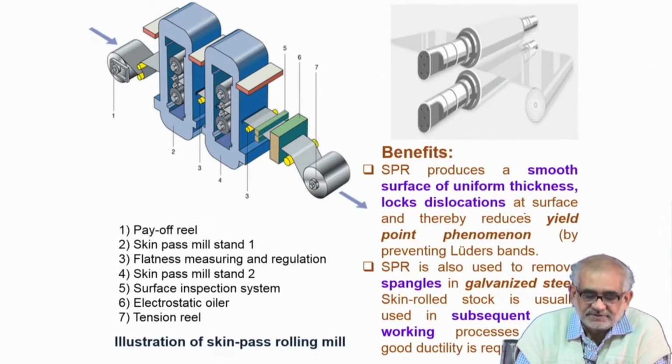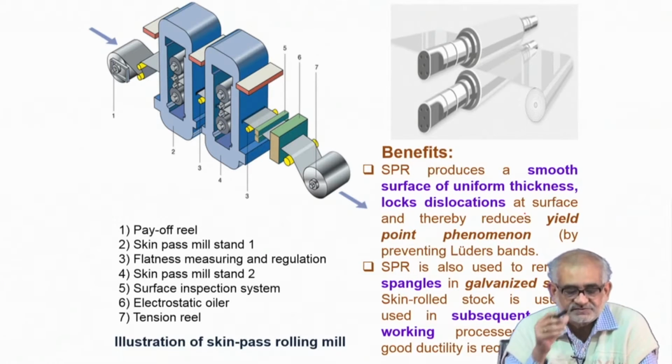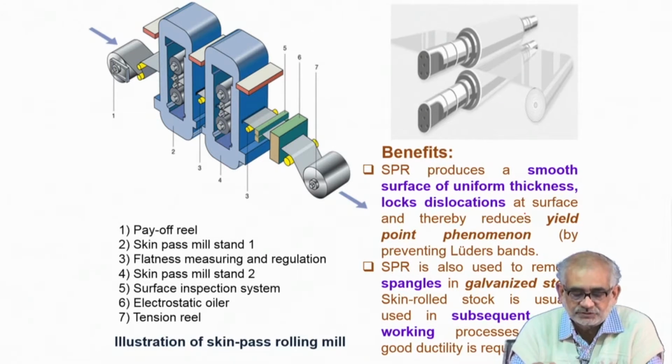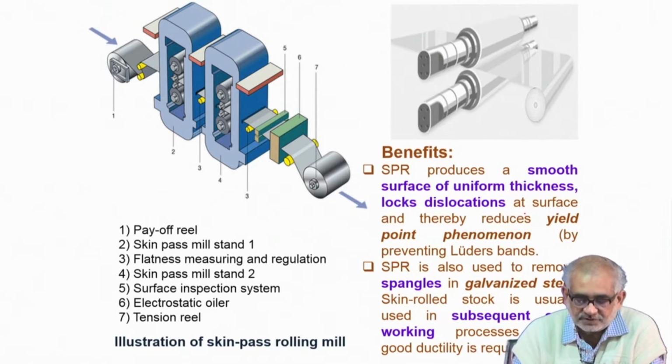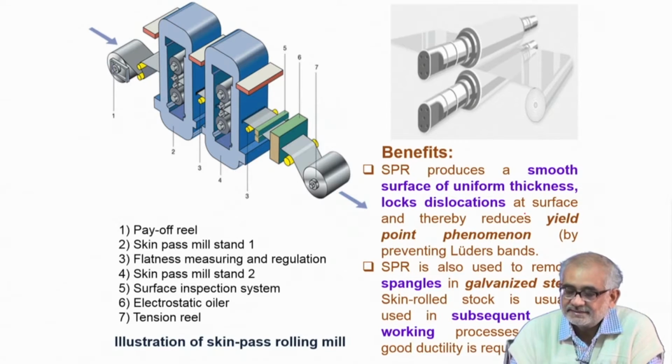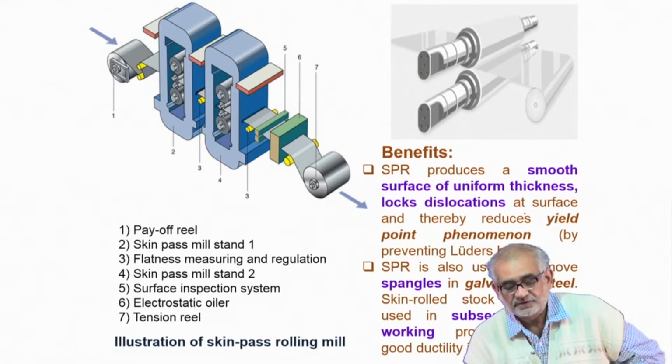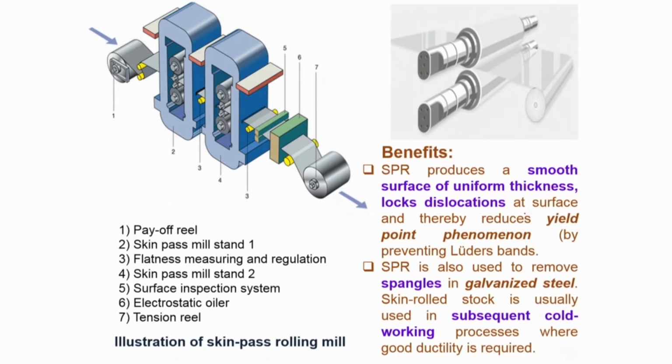So this is a typical machine where you have multi-strand rolls. You can control very well exactly the amount of pressure that you are applying, and hence the depth of deformation and also the rate of deformation. So you can produce a smooth surface of uniform thickness. You can lock the dislocations that you create onto the surface, and also reduce the yield point phenomenon or the Luders band.